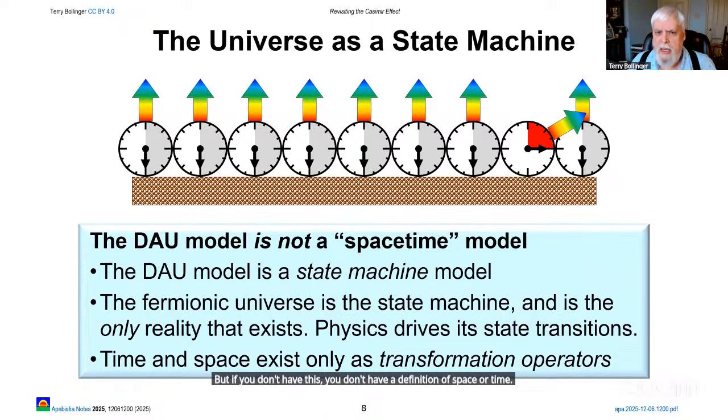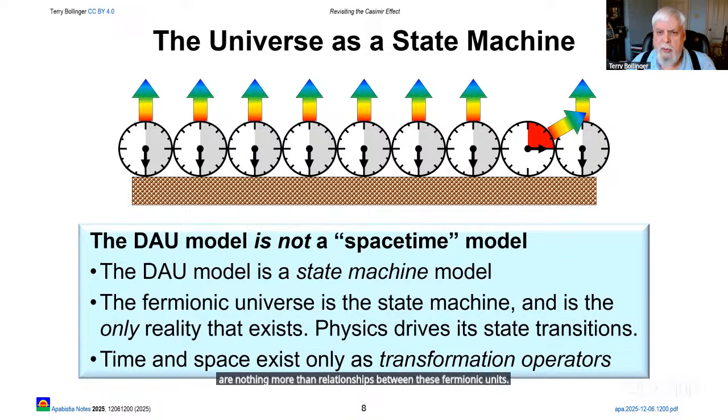Now that's, I guess, a very different concept from saying that you just have a fabric and then you start playing with the fabric. It says, no, the fabric starts and is defined and is limited by the existing matter in the universe, and that all of these concepts that we think of as space and time and distance are nothing more than relationships between these fermionic units.